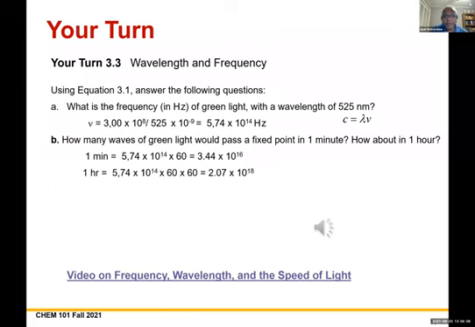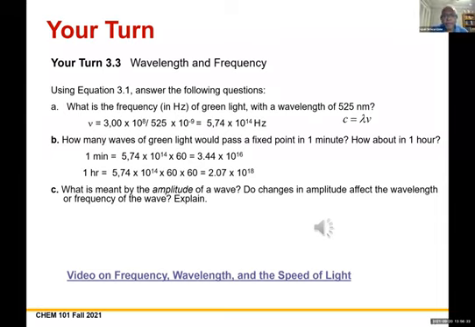If it is in 1 hour, you calculate for another 60 minutes, 60 times 60. That's how many waves pass a fixed point in 1 minute at the same frequency, 5.74 times 10 to the 14.